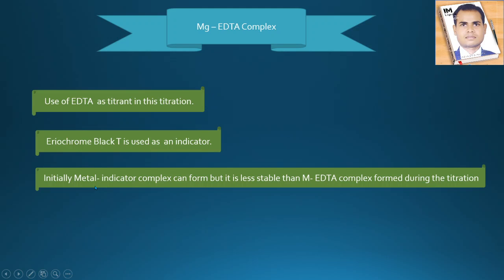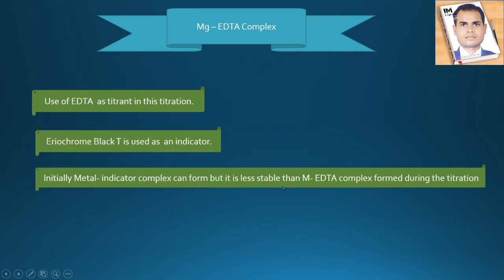Initially the metal indicator complex can form, but it is less stable than the metal EDTA complex. So before the formation of the metal EDTA complex, the metal indicator complex forms, and that complex is less stable.